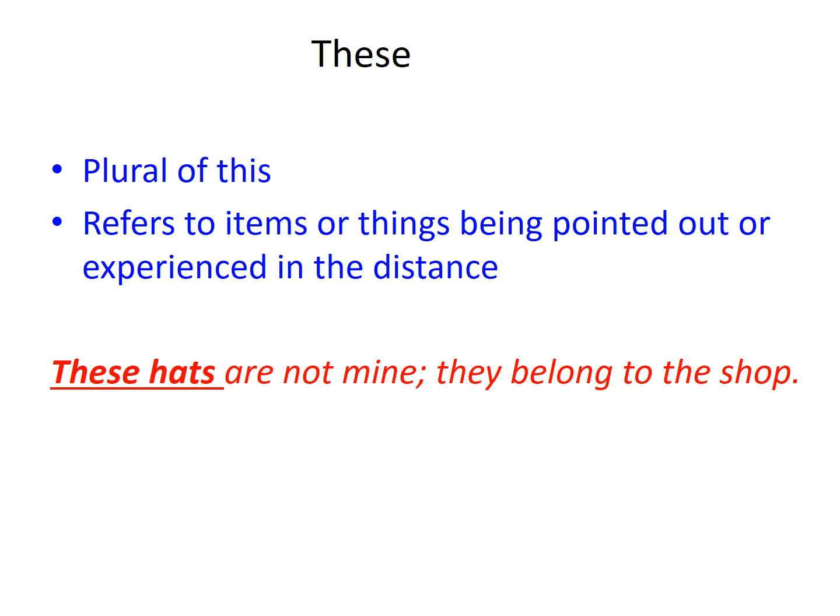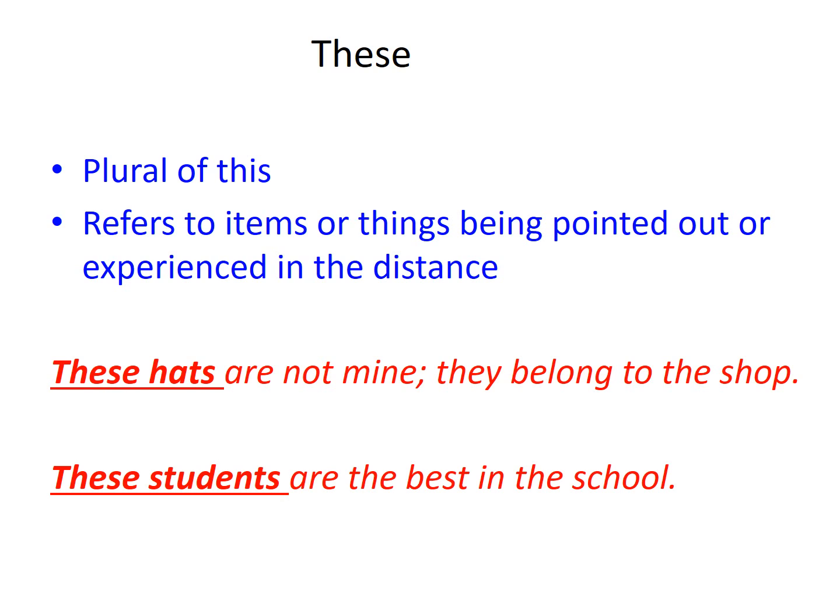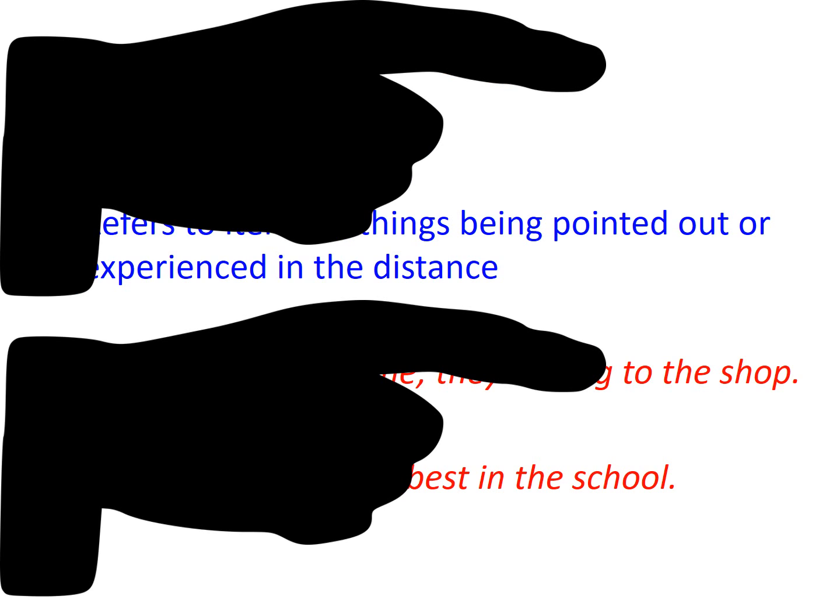They're pointing out that those hats are not theirs. If a teacher says these students are the best in the school, they're being clear that of all the students being pointed out over a history of time and over distance, these students that they have identified are the best.